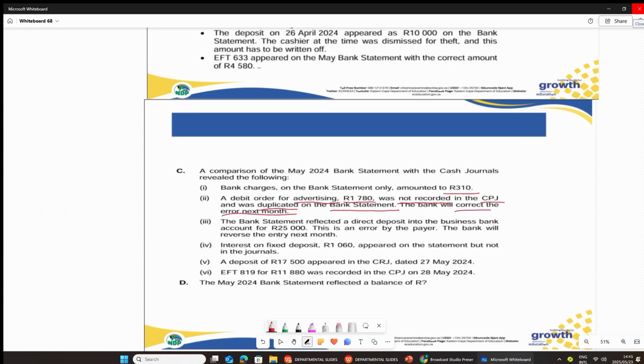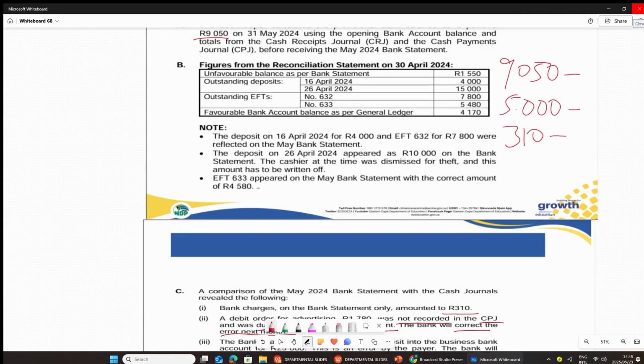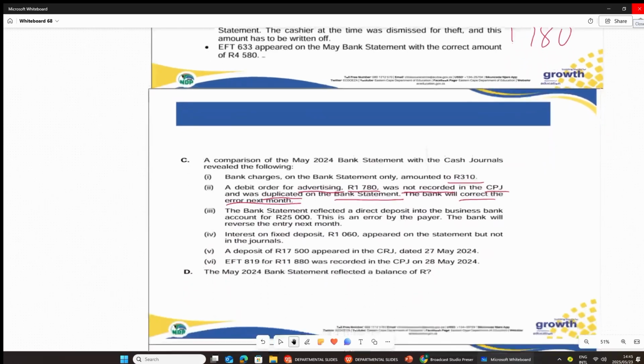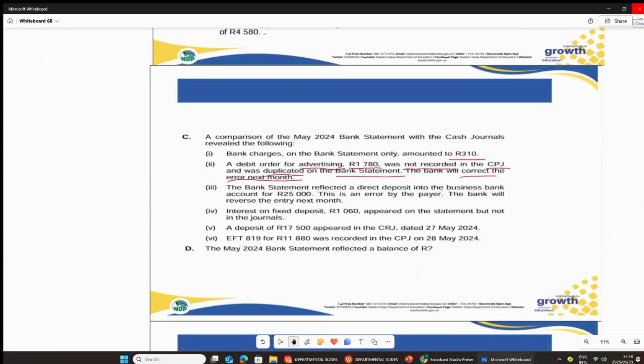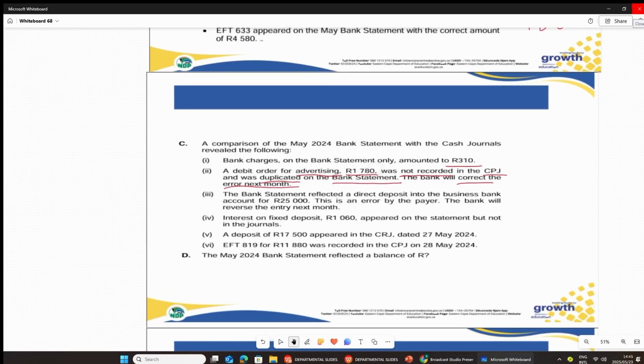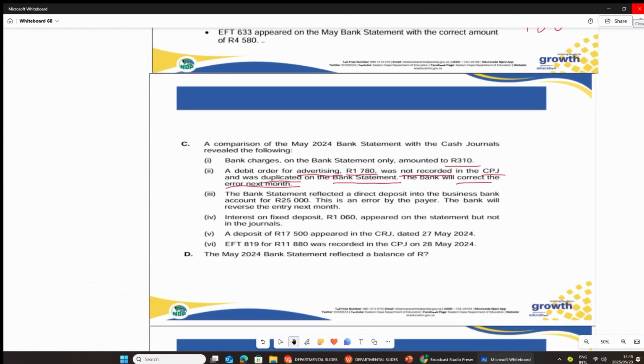Remember, we did not record this 1,780 in our cash payment journal, so we again have to minus the amount of 1,780. But because the bank made an error with a duplication, the second 1,780 has to be recorded in our bank reconciliation statement.